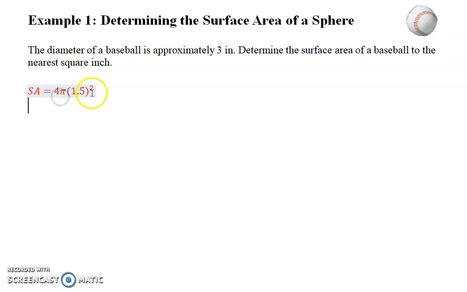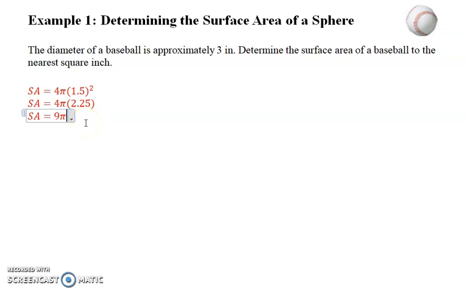And next, this is a pretty straightforward, simple calculation. You're going to square the 1.5, which gives you 2.25. Then I'm going to multiply that by 4, which gives us 9 pi.